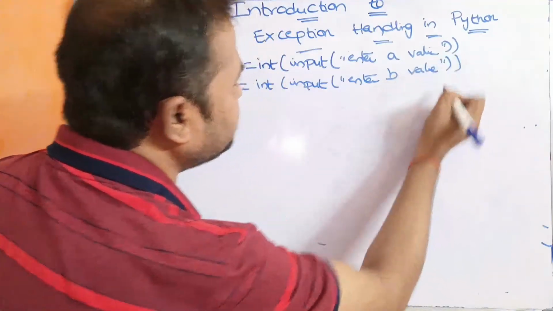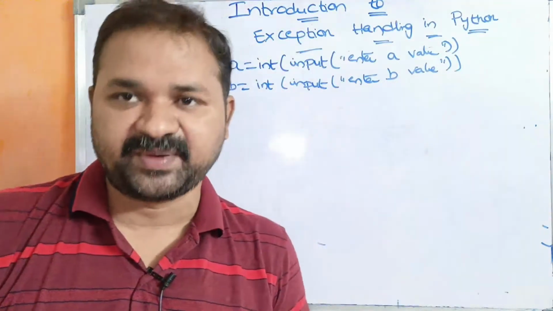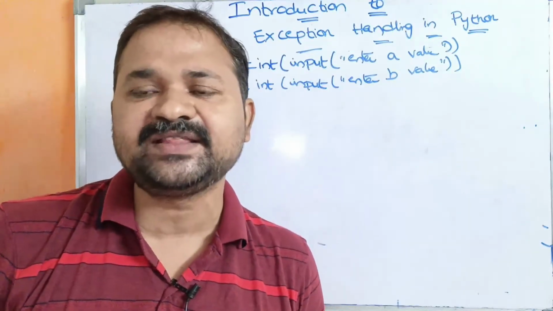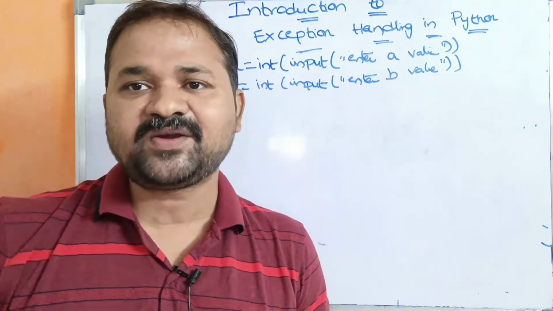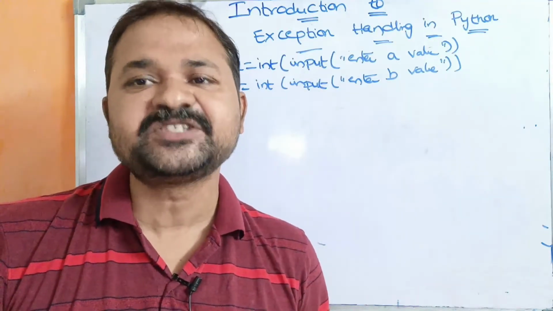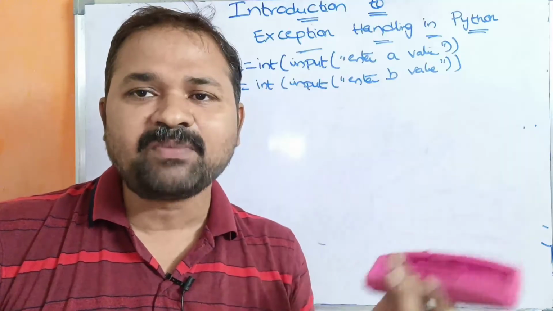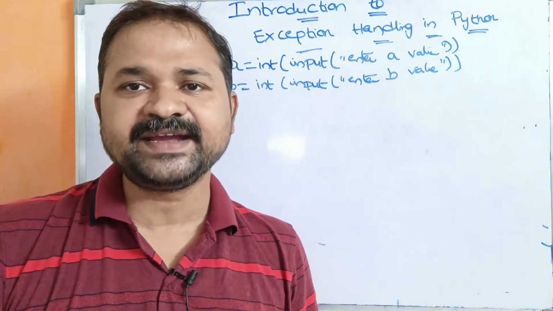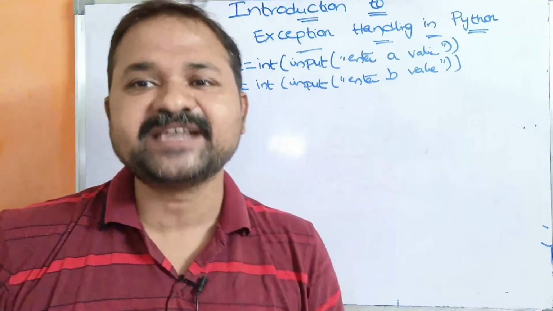Here our target is to perform a division operation. By executing that statement, there is a possibility that we may get an exception. Why? Because if we give the denominator value as 0, then it is an exception. So we have to place that statement in the try block, because the try block contains a list of statements that may generate an exception.